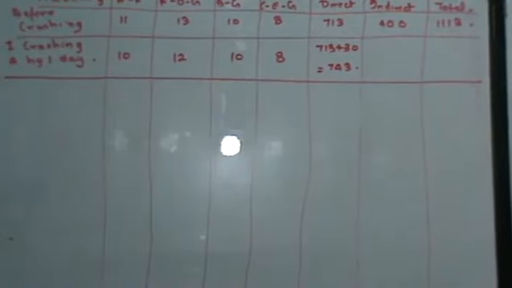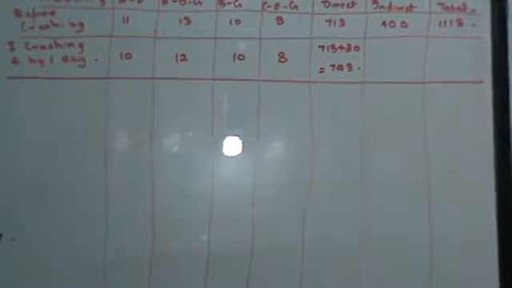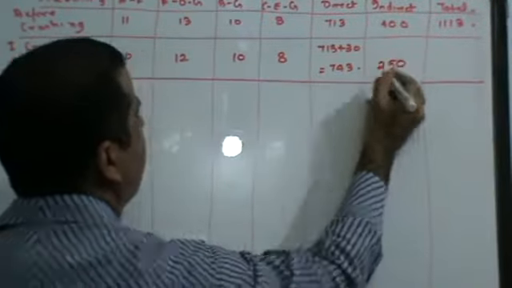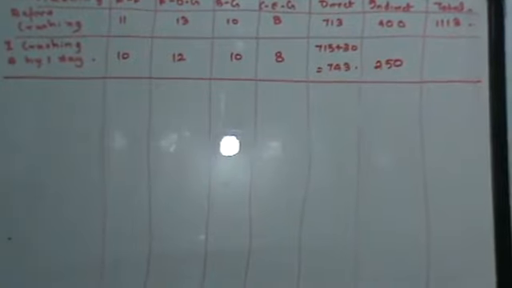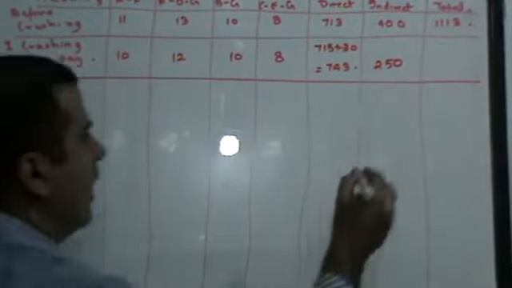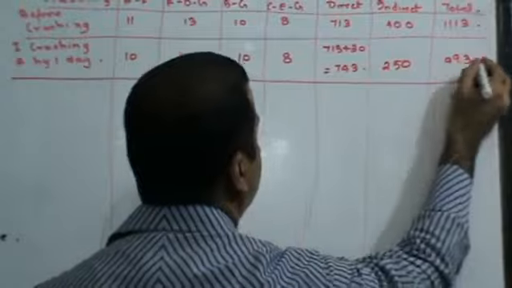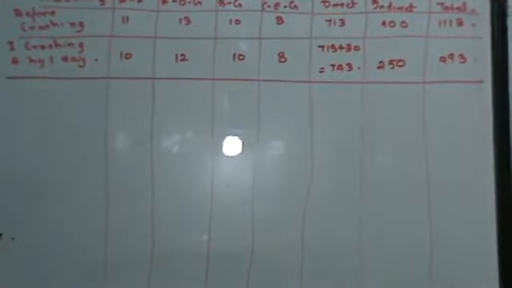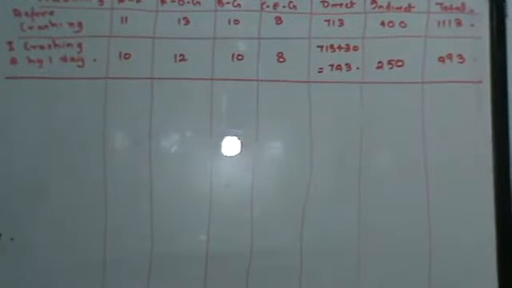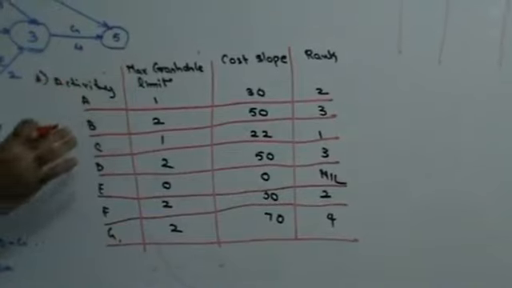My indirect cost table tells me that for 12 days, the indirect cost is going to be 250. When I add this, it comes to 993. My total cost becomes 993. Fine, do we get this thing clear? The maximum time for which you could crash A is 1 day, so you finish crashing of A.